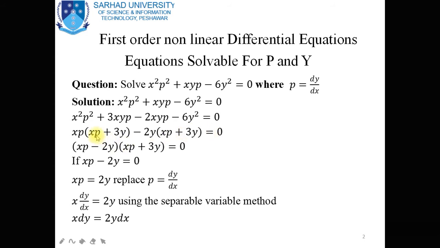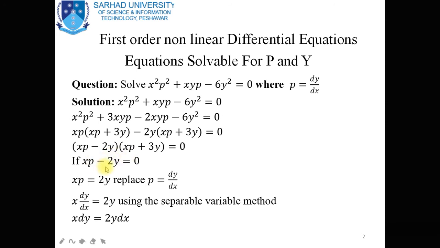Now taking common xp plus 3y, we have xp minus 2y into xp plus 3y is equal to 0. The product of these two factors is equal to 0, meaning that both factors are equal to 0 or one of them is equal to 0.